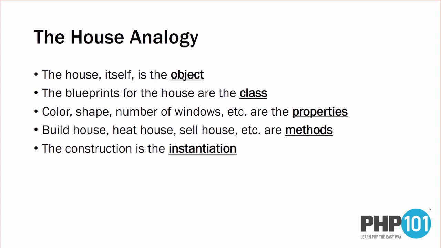But color is a really good example, right? If you had a set of blueprints to create a house, those blueprints wouldn't necessarily tell you what color the siding on the house is going to be. They would just say it's going to have siding, and you would go to the homeowner and say, hey, what color siding do you want? Or what sort of countertops do you want? Do you want granite, or quartz, or something else, right?